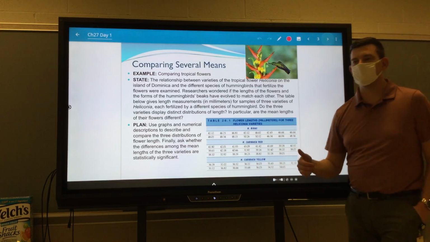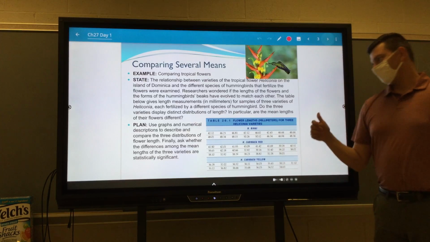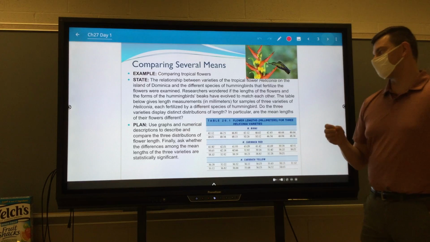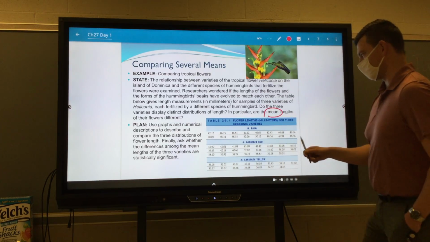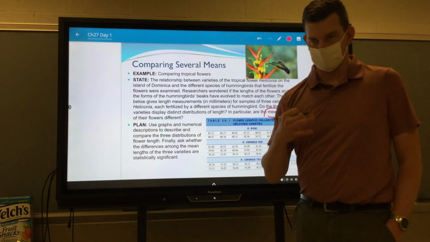Each is fertilized by a different species of hummingbird. We want to know if the 3 varieties display distinct distributions of length. In particular, we're looking at the mean. Are the mean lengths of their flowers different?